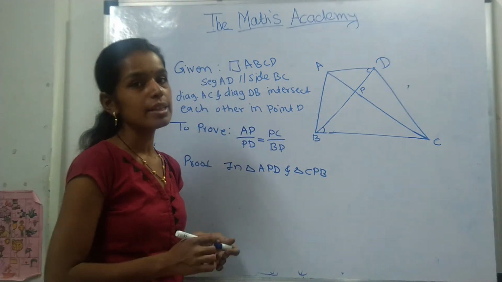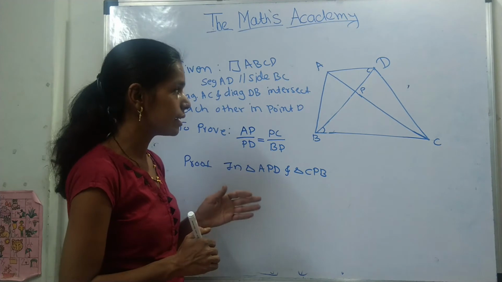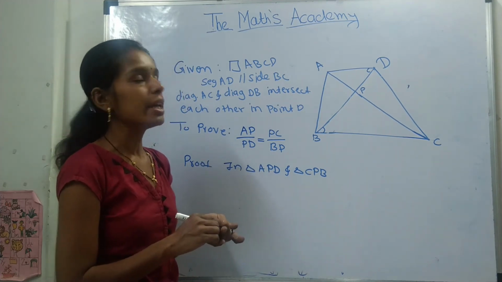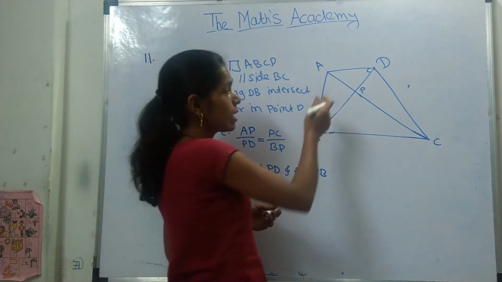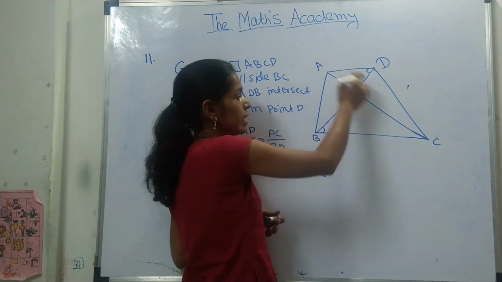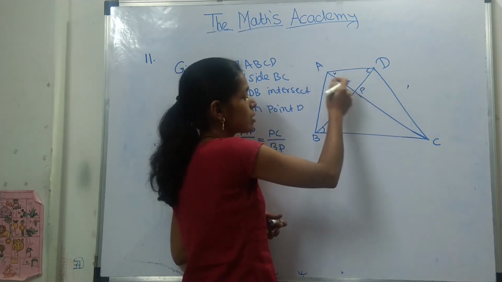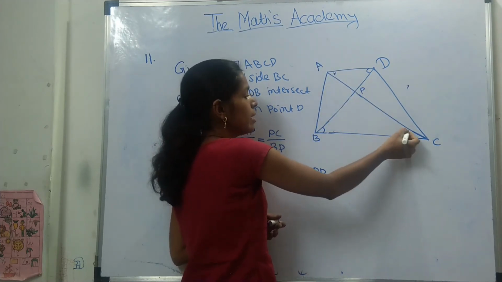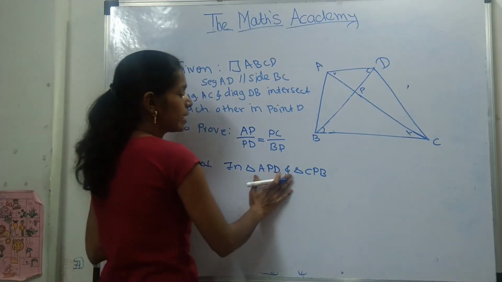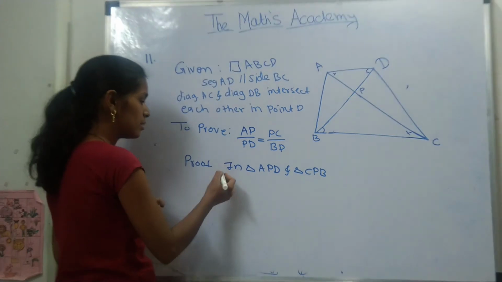Similarly here also, if AC is a transversal, then angle DAC is equal to angle BCA by alternate angle test.